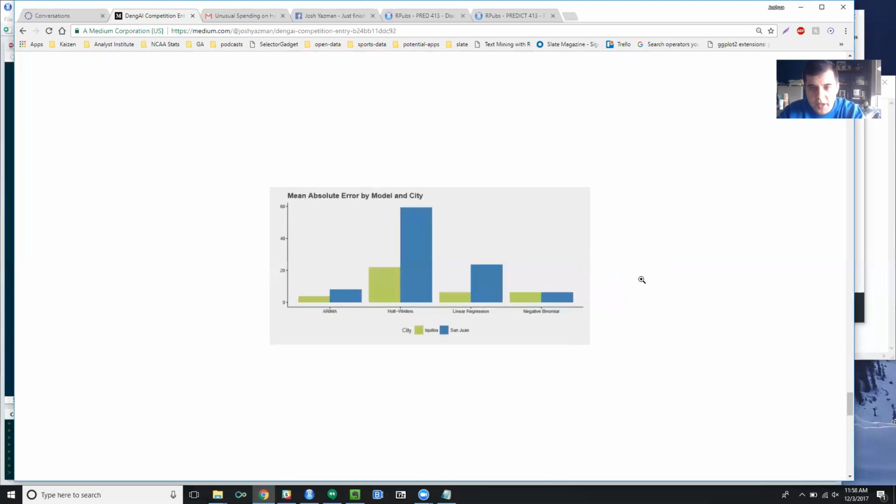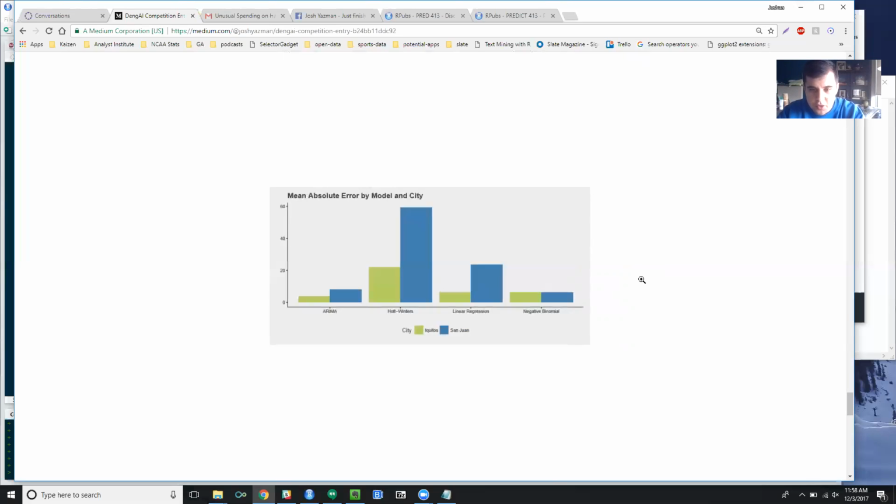The negative binomial regression model performed best in San Juan by a little bit. The ARIMA model performed best in Iquitos and came close in San Juan as well.